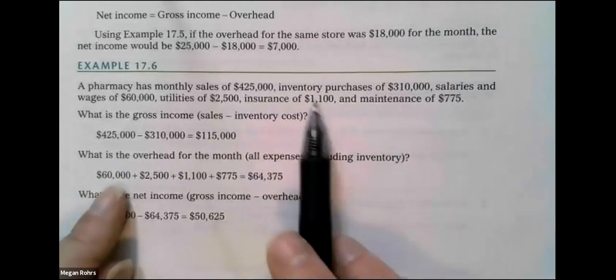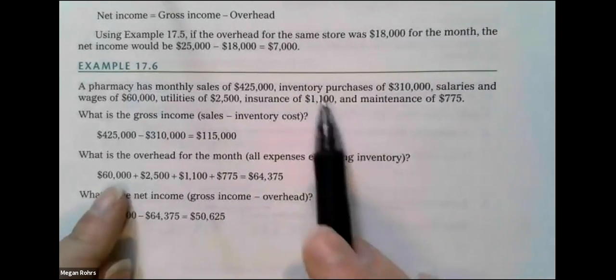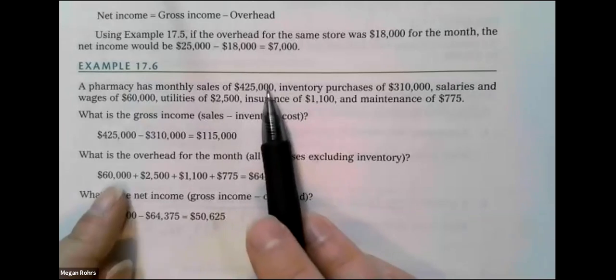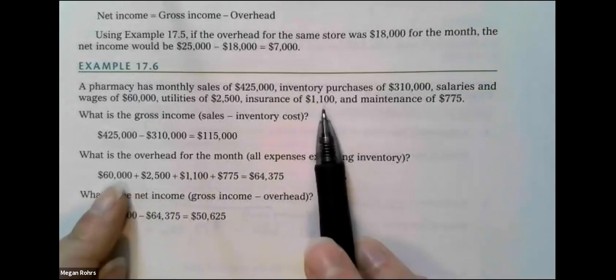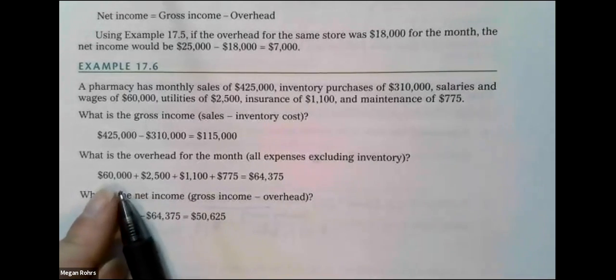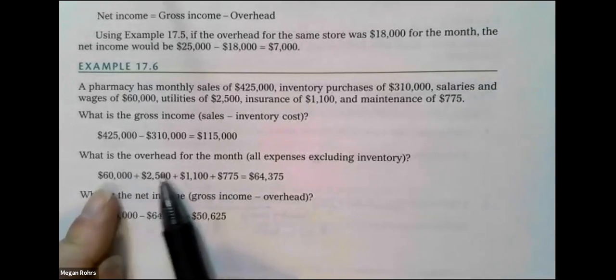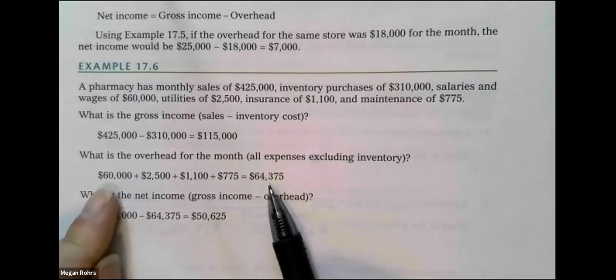So here we have taken all of the other expenses. Ignore the inventory. We don't care about sales. We're going to take the wages, utilities, insurance, and maintenance here. Add all of those together to find the extra expenses of doing business aside from our inventory.